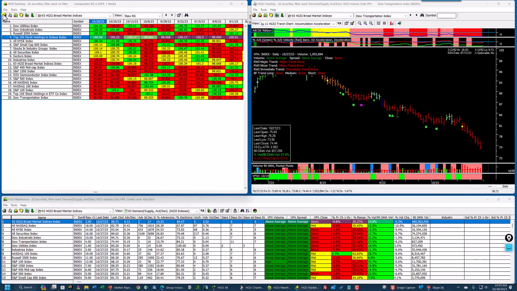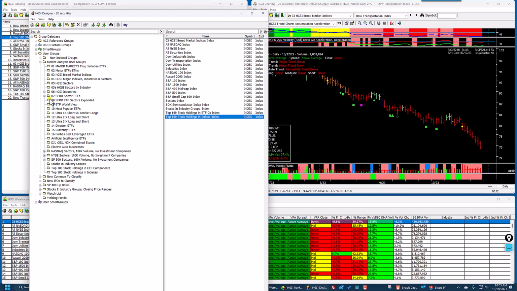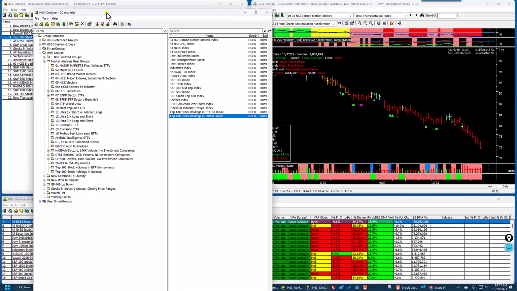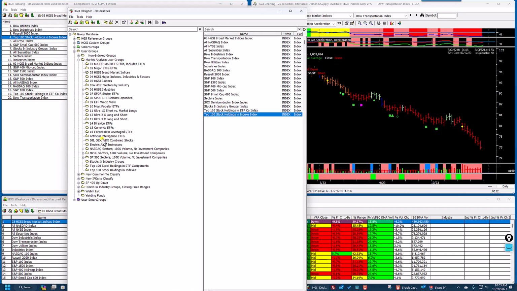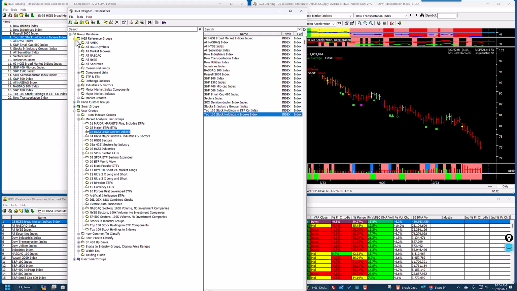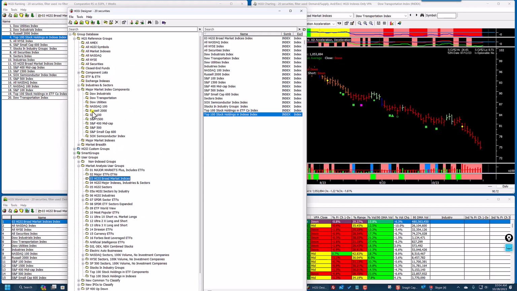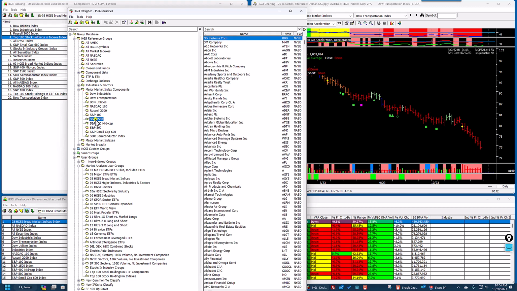Now, for those of you who are EdgeRater users, I want to point out, I'm going to go into the designer here, that the list really needs to be updated for the stocks that you track. I know most of you use the S&P 1500, so what you should do is go into the HGSI reference groups, go into the major market index components, S&P 1500, and you can see there are 1,506 securities in here now.